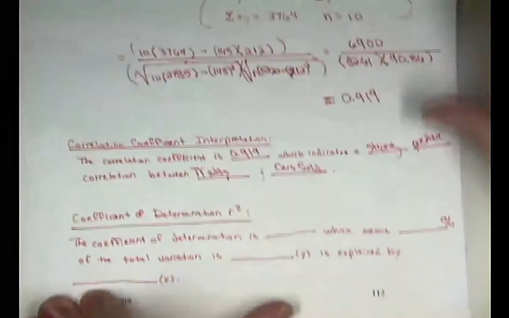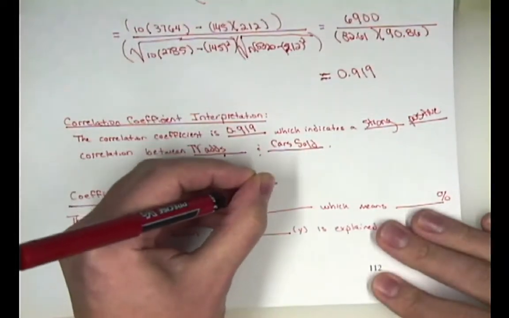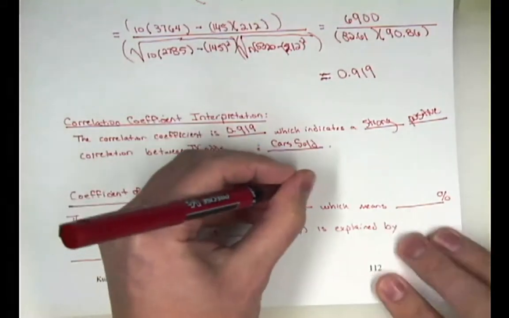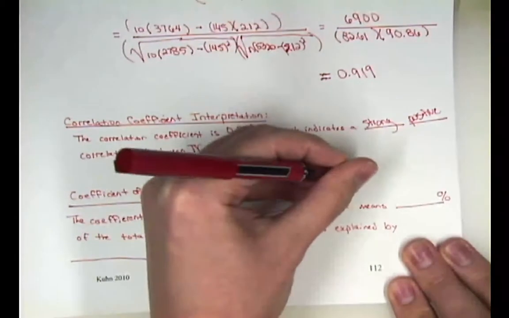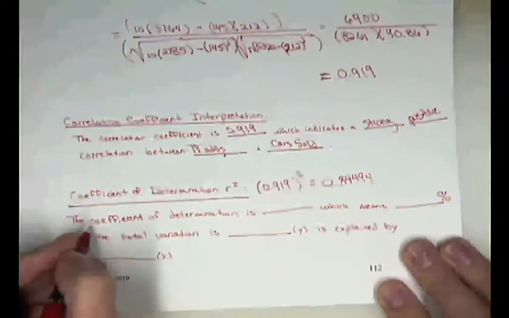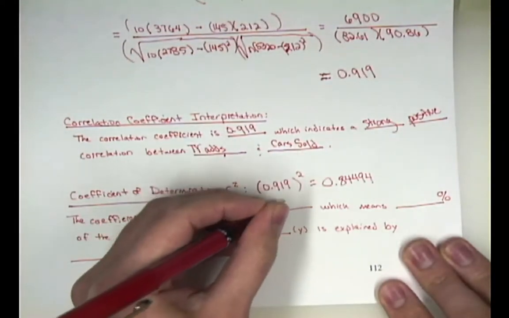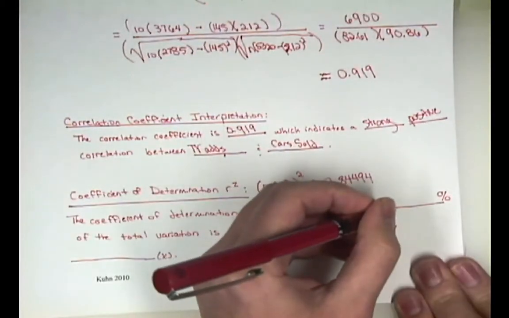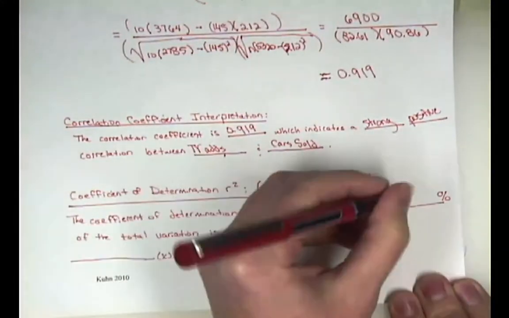Now the coefficient of determination, that is just taking r and squaring it. And it turns out to be 0.84494. So its interpretation is the coefficient of determination is 0.84494, which means now we want to make this into a percentage and round it to, I suggest, about 1 decimal place.